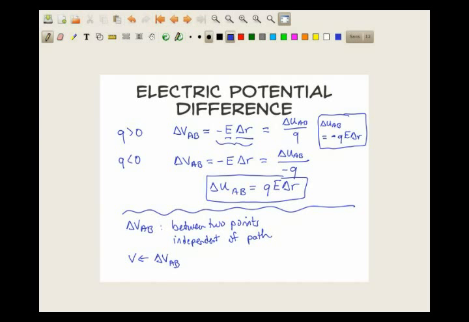It describes how work will be done on charges in the system. If you know the voltage, you know the work that's going to be done moving a charge from any point A to a point B, regardless of the path. And you can simplify your notation rather than having to write delta VAB all the time. It's just writing V, where in an electric sense, V is voltage or electric potential difference. It's not volume. Okay, so don't confuse those two things.